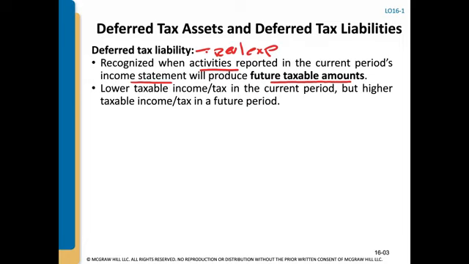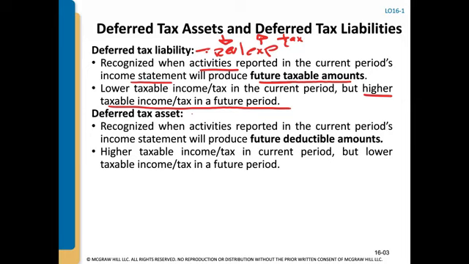This means we record less revenue or more expenses for tax purposes than we do for books in the current period, but that means we're going to have to recognize those revenues or disallow those expenses in the future, resulting in future taxable amounts that result in higher taxable income and tax payable in the future.